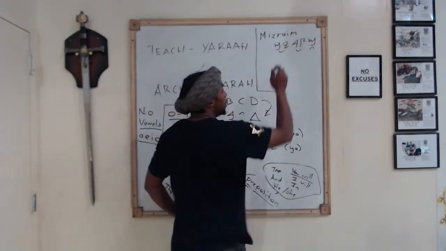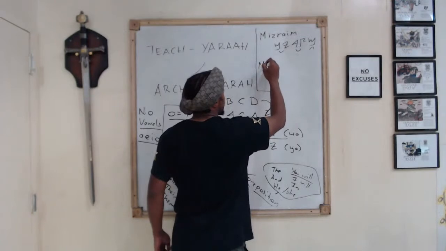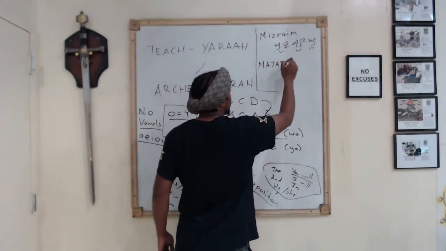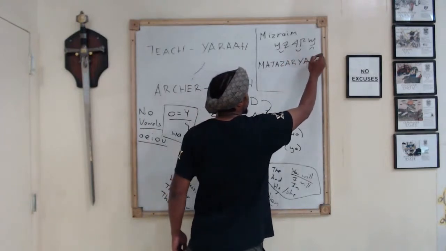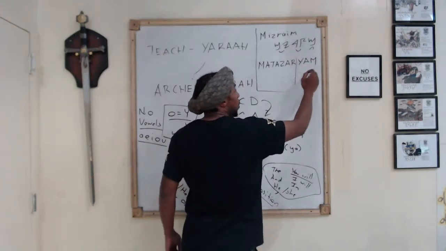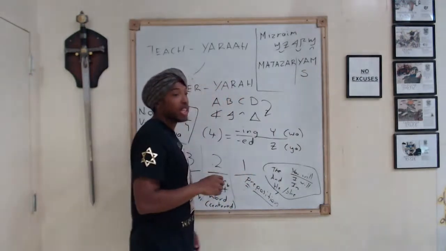So we know that yum, right? I'm gonna write it out in the English letters: ma tazar yum. Let's break it down. Yum is our way of pluralizing things. So it's adding an S to say more than one.